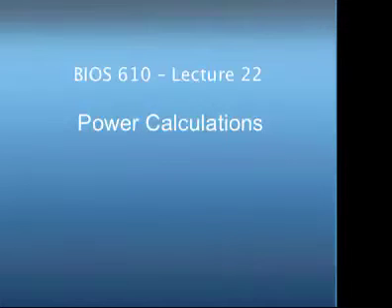Speaking of government grants and annoyances related to them, let's talk about power calculations. This is another area that doesn't really get covered in introductory statistics courses, mainly because doing these calculations by hand is a total nightmare, and they didn't want to torture introductory students with it.